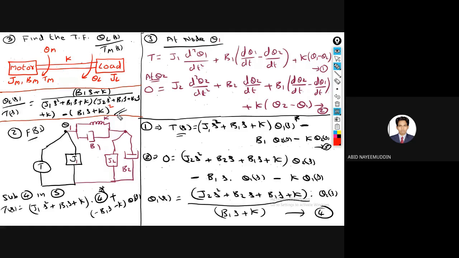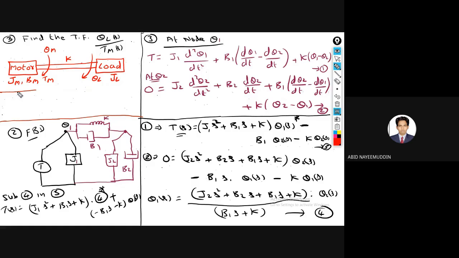Now, next, continuation of this problem. Let me continue. So the first step is you have to extract the variables which are connected.